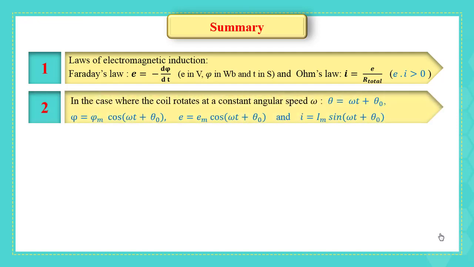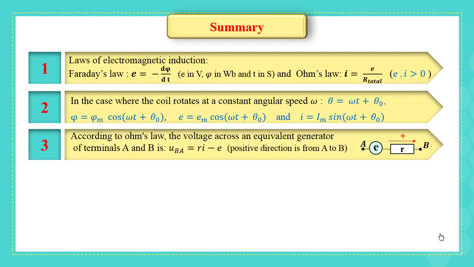In the case where the coil rotates at a constant angular speed ω, θ equals ωt plus θ0, φ equals φm cos(ωt + θ0), E equals Em sin(ωt + θ0), and I equals Im sin(ωt + θ0).